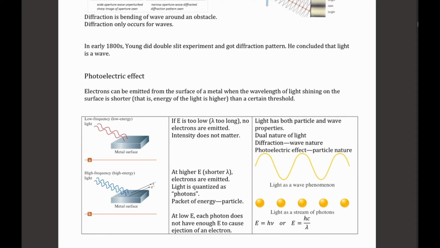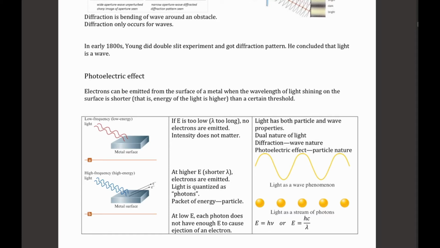So light is a source of energy. You feel the warmth of the sun when you're in it. And the electrons are ejected due to that energy coming from the light source. So at higher energy, that is shorter wavelength, electrons are emitted.